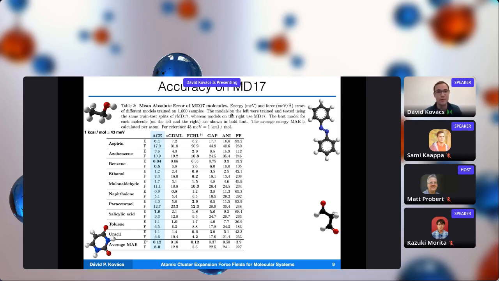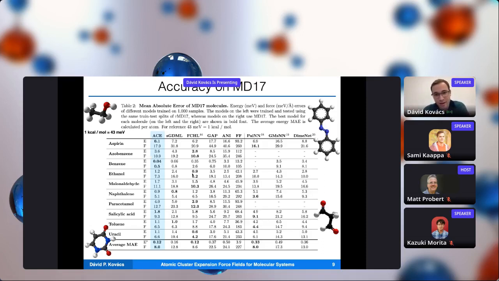MD17 is one of these standard benchmark data sets for organic molecules, and the task is to fit a force field on 1,000 geometries sampled from an ab initio molecular dynamics trajectory, and then evaluate it on an unseen test set. What you can see is that ACE, our linear regression model, outperforms all the other models, which include Gaussian process regression such as GML, FCH, and GAP.